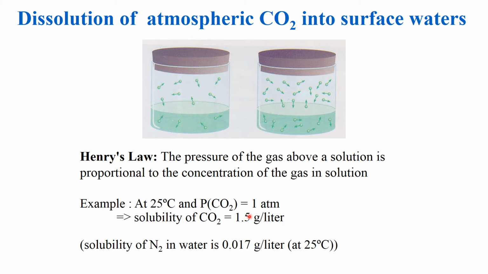This is because the nitrogen molecule is a diatomic molecule that's completely non-polar, so it finds it very hard to jostle in between the water molecules. Whereas CO2 is a slightly polar molecule, so it can interact with the water and dissolve in between the little clusters of water.